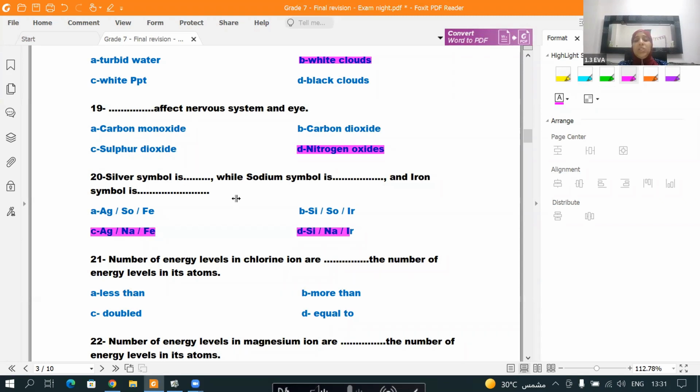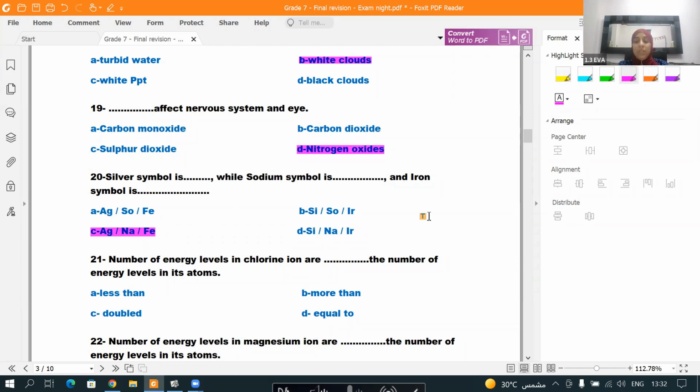Guys, if you look here, sodium is Na, but we write its symbol as Na because the symbols for chemical elements come from the Latin language, which has different letters or a different format than English. So sodium here is natrium, so we take Na.